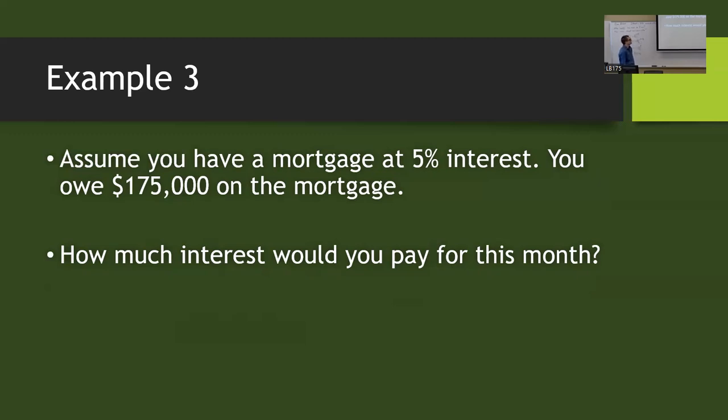I want you to calculate this one. Assume we have a mortgage at 5% interest. And mortgages are typically done monthly, so let's assume we're compounding monthly. I owe $175,000 on a mortgage. After a month, how much would I owe and how much interest would I owe in 1 month?